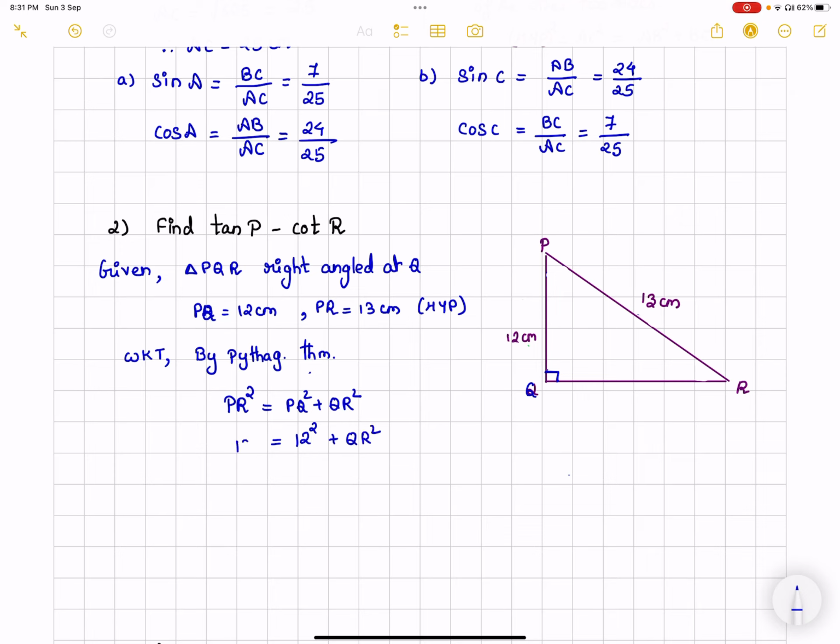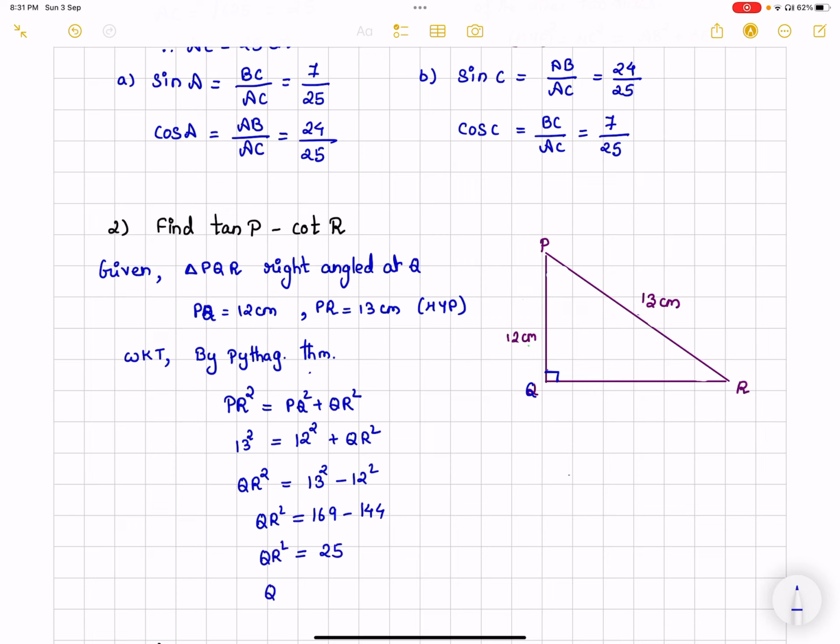PR square, 13 square. So now I'm going to take QR square, let it be as it is, but I'm going to move this 12 square to the other side. It becomes minus 12 square, which is nothing but 169 minus 144 is going to be my QR square. When I subtract this, I would be getting 25 as my QR square.